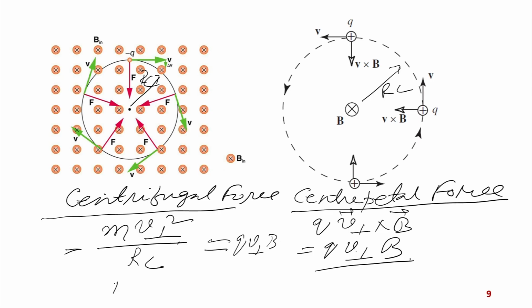So, this R C will be equal to minus Q into B divided by M. Now, we have seen this quantity Q by M. This is the cyclotron or the angular frequency, omega c.